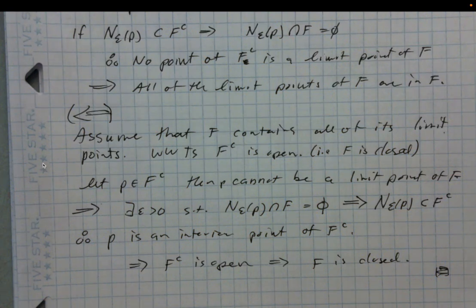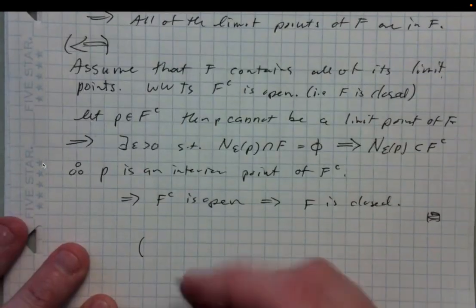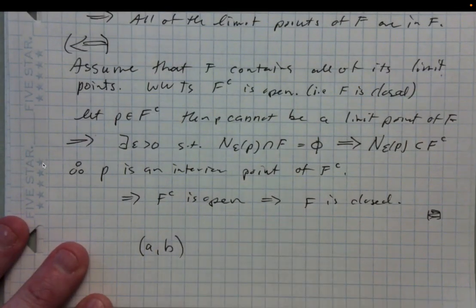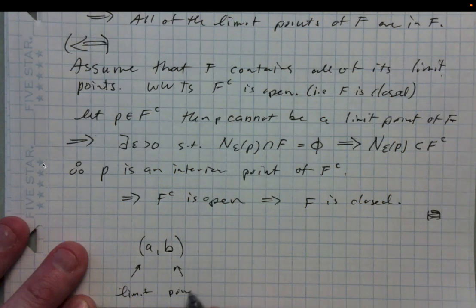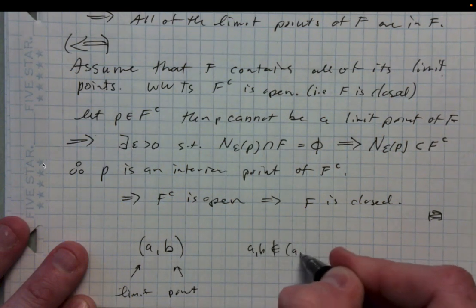So closed sets are sets that contain all of their limit points. So if a set is open, there must be some limit point outside of the set. Certainly clear when it comes to intervals, right? If this is a, b, open interval, we know that a and b are both limit points, but a and b are not in (a, b), right?